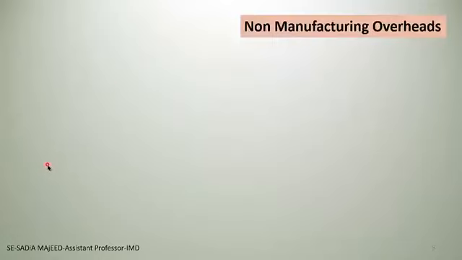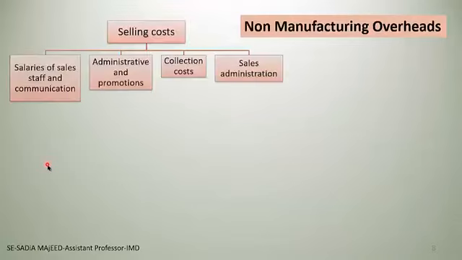Now let's move to the non-manufacturing overheads. We have discussed the classifications of the non-manufacturing overheads. Let's elaborate those classifications. The first non-manufacturing overhead is the selling cost. Selling cost includes salaries of the sales staff and communication. These staff are necessary to supply product from the facility or factory to the market.